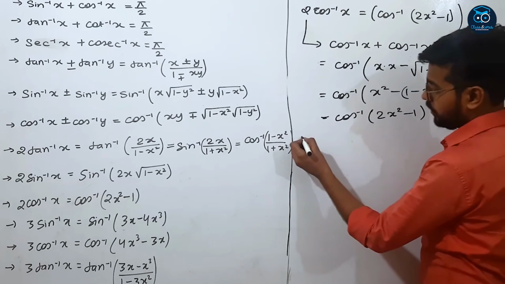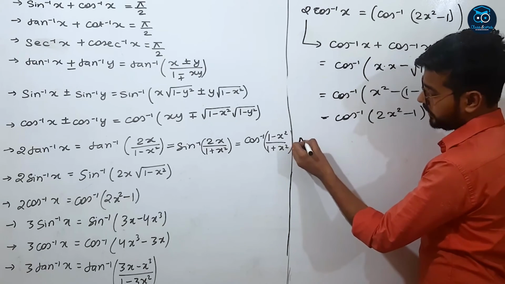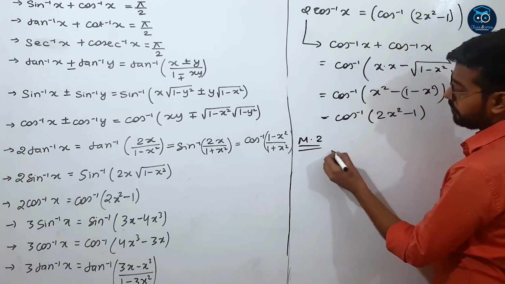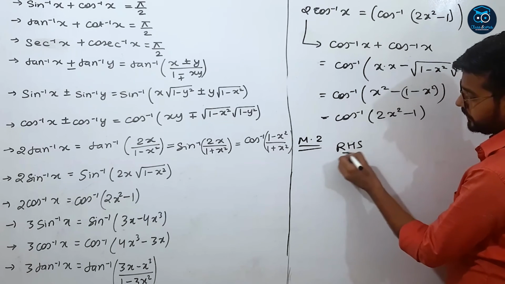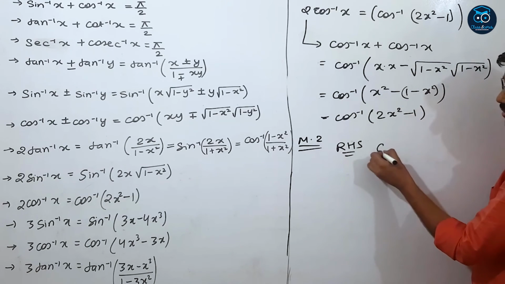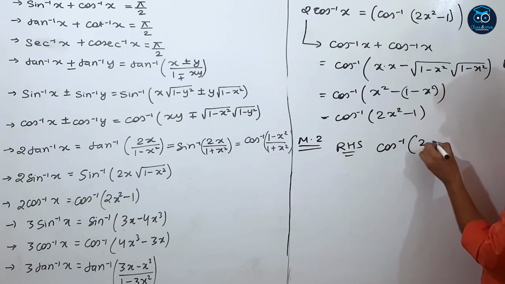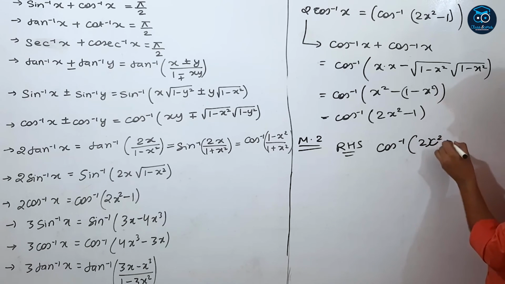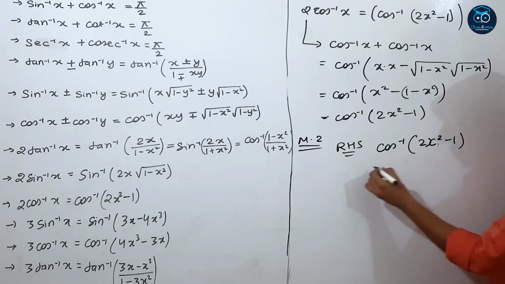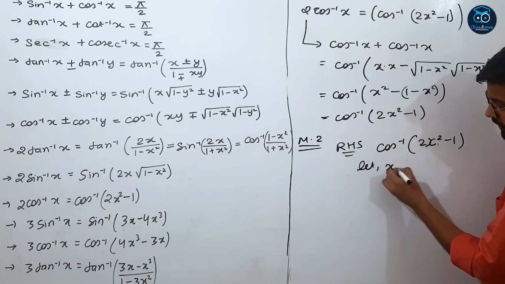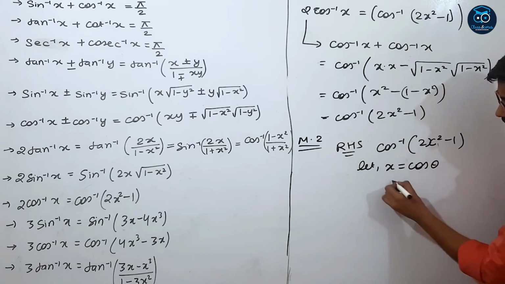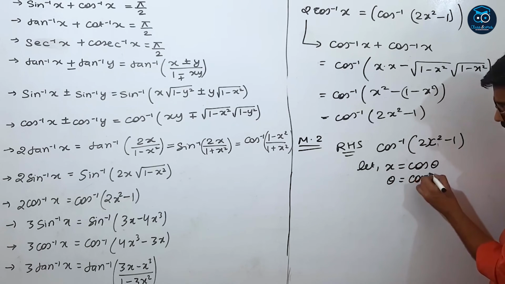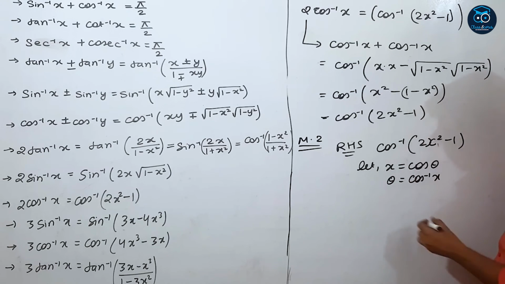Clear? And the second alternate method is, take the RHS, cos inverse 2x square minus 1. Let x equal cos theta and theta equals cos inverse x and substitute.